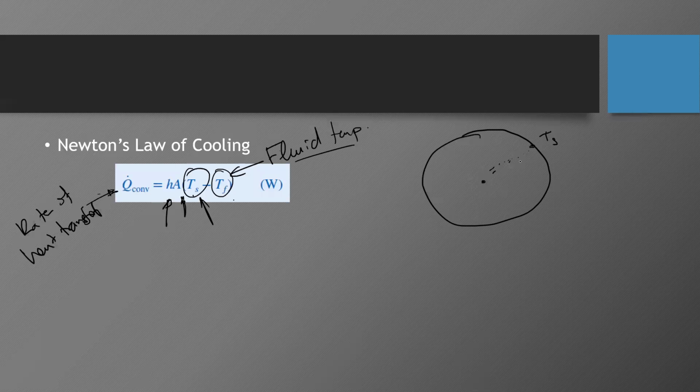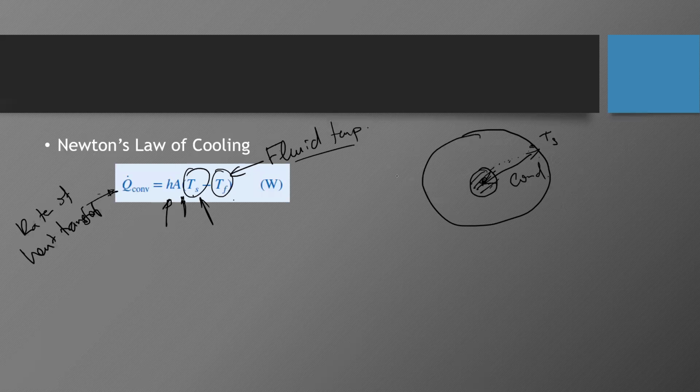And from the core to the surface, by which mechanism will heat transfer? That is conduction, up to the surface of the egg. After this, convection will happen, right?